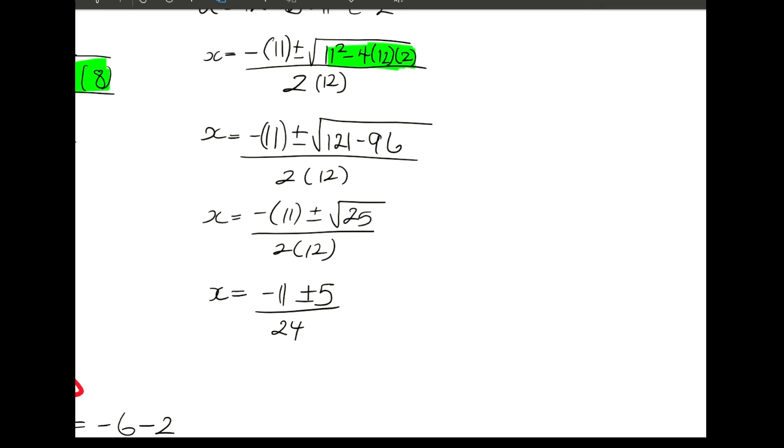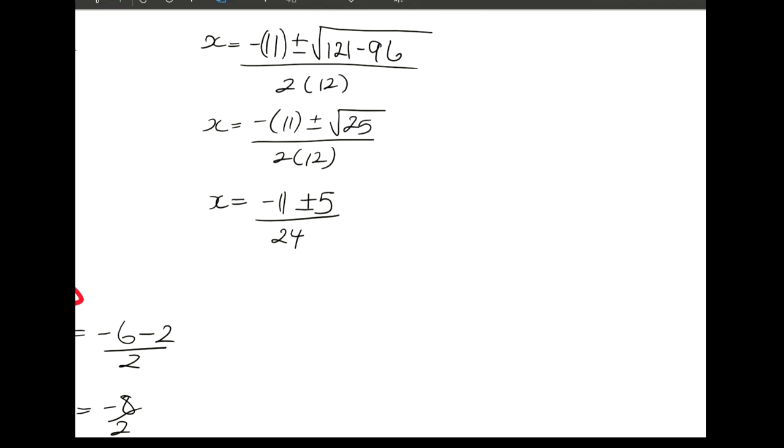Alright, so again we have this 25 that has been square rooted to give us 5, and it is plus or minus, so we have to break it down into two separate formulas. So one where the 5 is positive and divided by 24, and another one where the 5 is negative divided by 24.